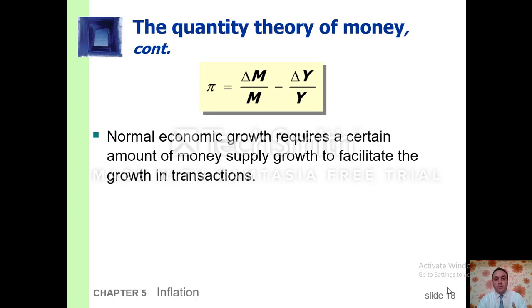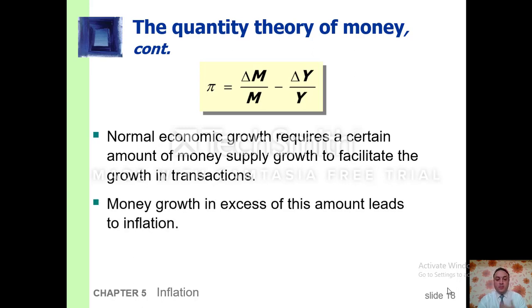So normal economic growth requires a certain amount of money supply growth to facilitate the growth in transactions. Not too much money supply or decreasing money supply, but a certain amount, only enough for buying and selling, not like other governments do, like Zimbabwe or many other countries.